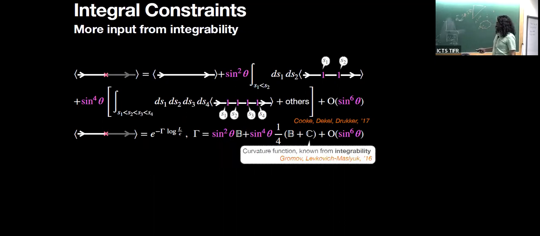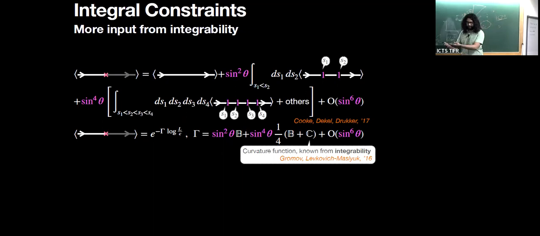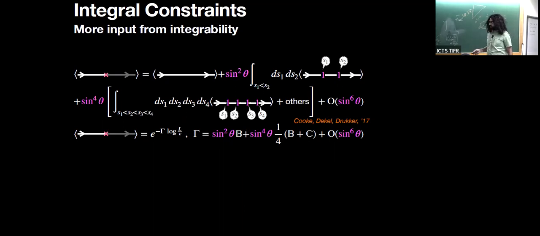At order sine to the power 4 theta, you get a Bremsstrahlung contribution and something called a curvature function, also known from integrability. And my second comment is that, in principle, the expectation value of the cusp line is known to all orders in theta. We just have a nice analytical form only for these 2 orders, but it's a technical question to go higher. So again, here we have something which is completely known from integrability, which can be related to the observable which we are studying.